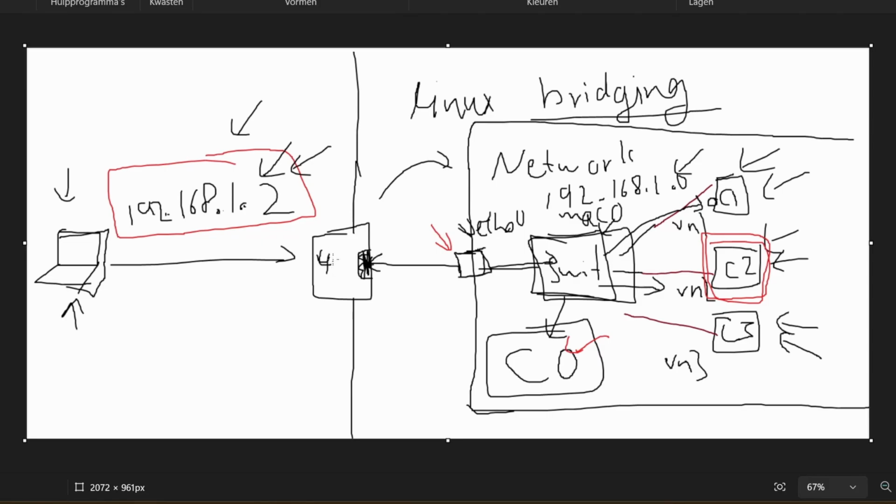So the router will check which computer corresponds to this IP address, put the destination MAC address of that computer, and send the data to Ethernet 0. Ethernet 0, of course, is connected to the switch, which is a Linux bridge. The Linux bridge checks which MAC address is being used, and forwards the data to the computer with that specific MAC address. And that's really it, in simple terms.